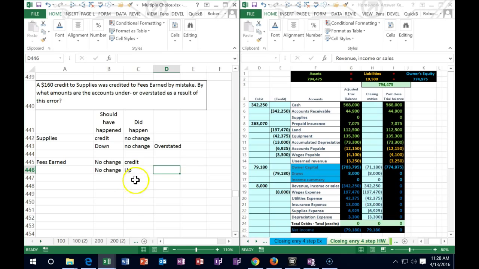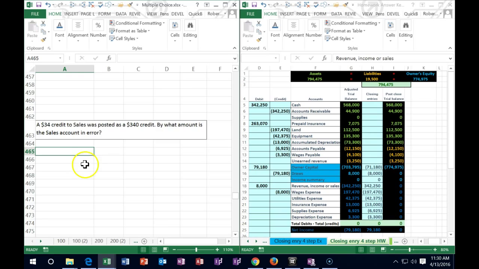So if fees earned went up and it should not have, then it's higher than it should have been, and therefore it's overstated. So you can see how these can get kind of confusing when you think through them. So you want to think through them and then look at the multiple choice answers and see if you find the one that ties out. If you just start looking at multiple choice answers and they're overstated, understated, then it can be a little confusing.